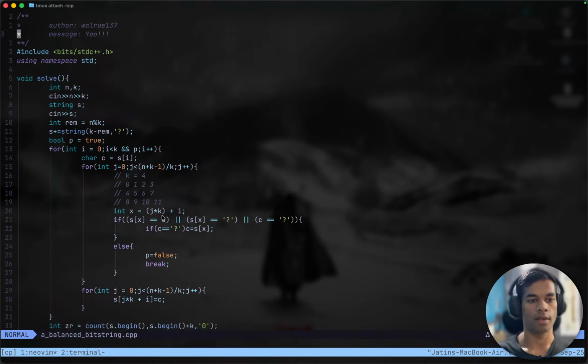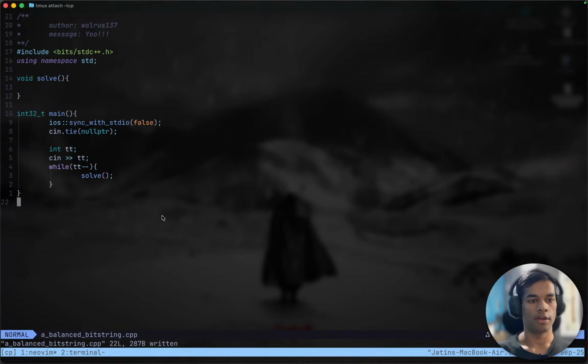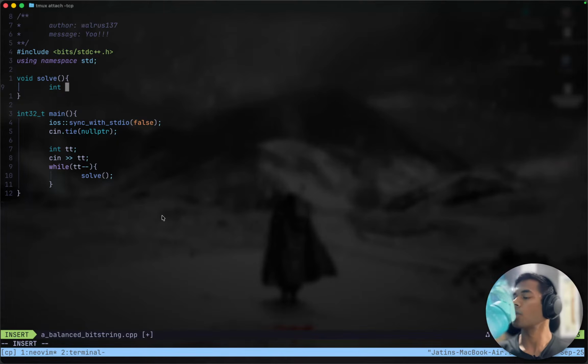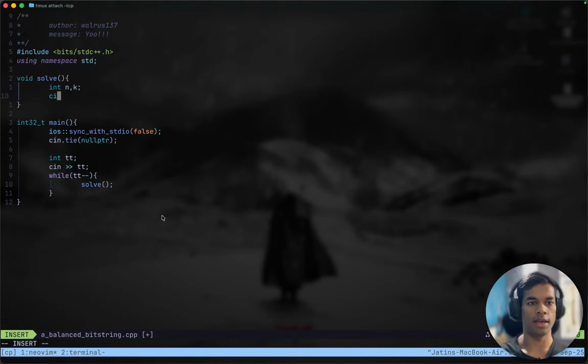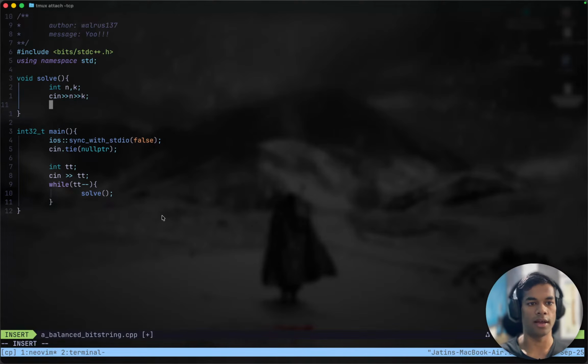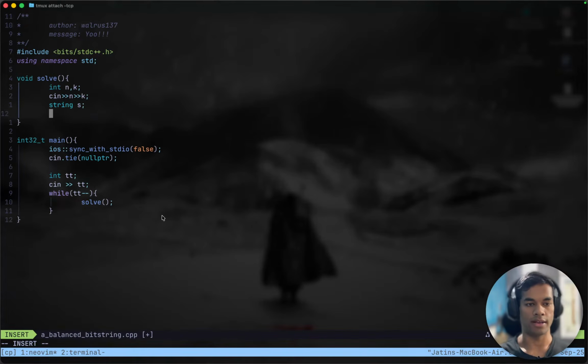okay. Let's rewrite. We have three things in the input: n, k, and the string. First, we will take n and k, and then we have our string. And we want to divide this string into chunks of size k.